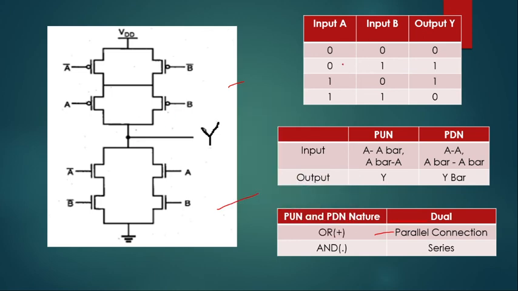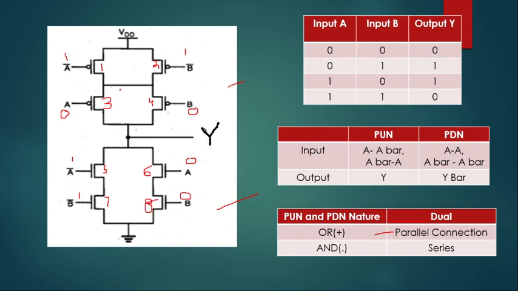So here when both the inputs A and B are 0, so A bar and B bar will be 1, right? And A and B both are 0. So at that time, which transistor? Let us name them transistors 1, 2, 3, 4, 5, 6, 7, 8.